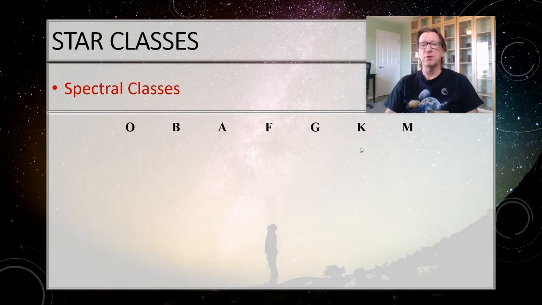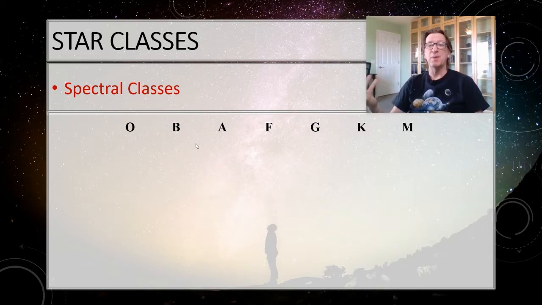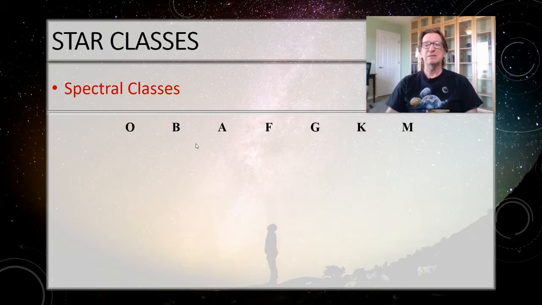You must memorize this. I don't ask you to memorize much in the class, but you do need to memorize this. What most people do is come up with a mnemonic to help them remember. The classic one, which I don't particularly like very much, is "Oh, be a fine girl/guy, kiss me." Meh. We had a competition to let students come up with their own, and the best one I heard was, "Oh boy, another final's gonna kill me."